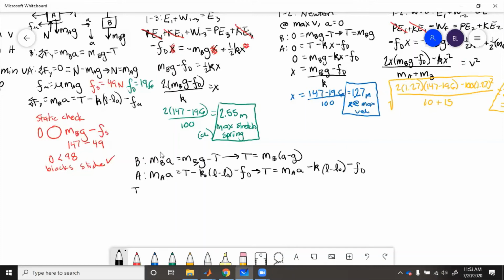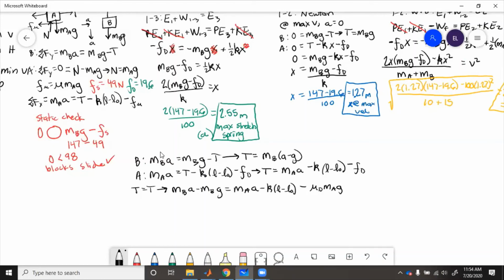But we also know T equals T. So we can say MB A minus MB G equals MA A minus K (L minus L initial) minus FD, which if we put in the formula for that, we'll have mu D MA G.